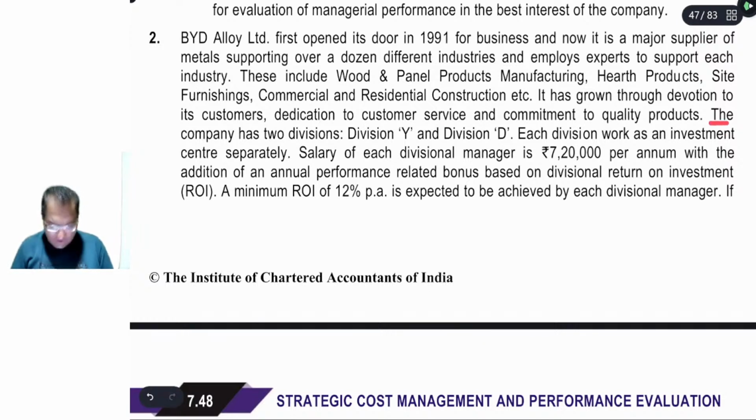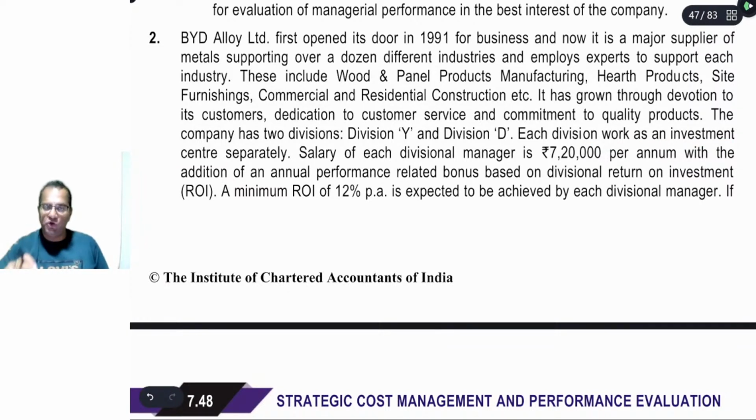यहां से हमारा क्वेश्चन चालू होता है बेटा. The company has two department, Department Y and Department D. Company is having two department, Department Y and Department D. Each department work as an investment center separately.